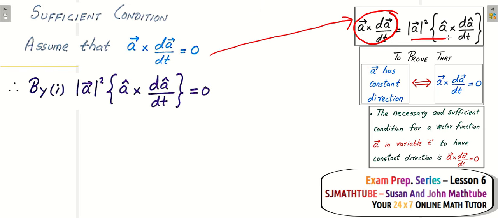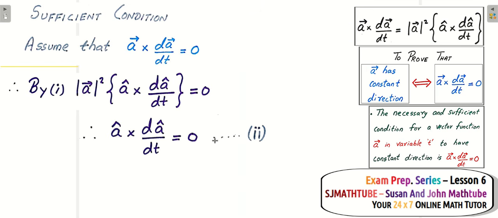That means the right side is equal to 0. Now the modulus cannot be 0. I told you when A into B equal to 0, either A should be 0 or B should be 0. But our modulus cannot be 0, because if modulus is 0, then the vector will be 0 vector. And if the vector is a 0 vector, then this theorem will be trivial.